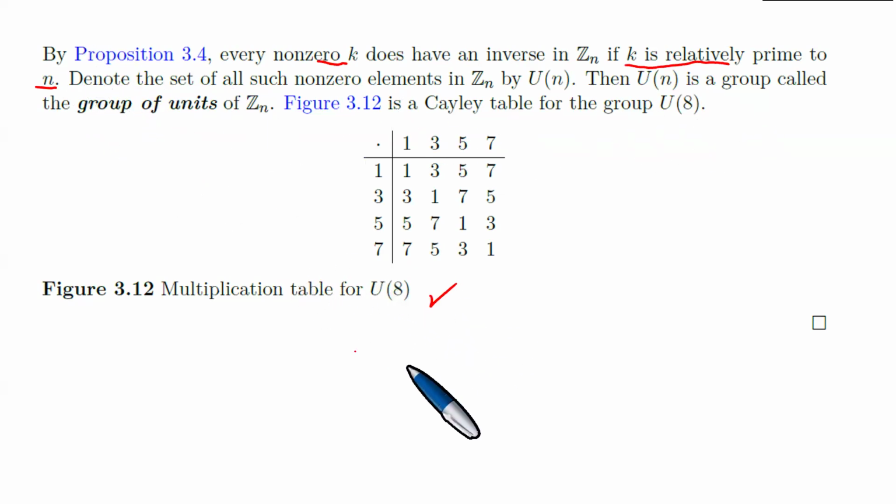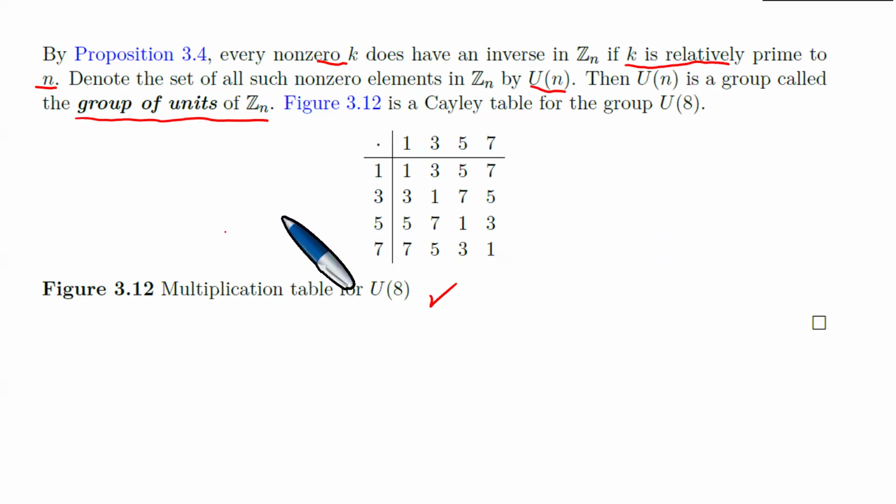That takes us to that. So we'll discuss the group U8, for example. Denote the set of all such non-zero elements in Zn. Okay, this is very important. Denote the set of all such elements in Zn by Un. Then Un is the group called the group of units of Zn. In figure 3.12 is a Cayley table for U8.